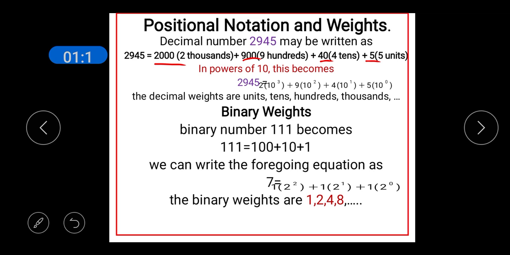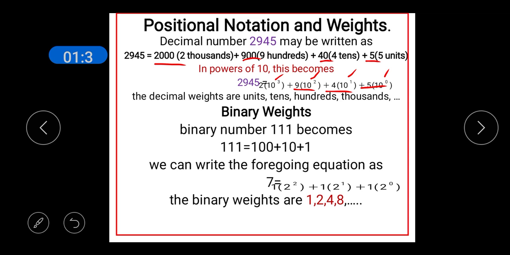In powers of 10, this becomes 2 into 10 power 3 plus 9 into 10 power 2 plus 4 into 10 power 1 plus 5 into 10 power 0. The decimal weights are units, tens, hundreds and thousands.